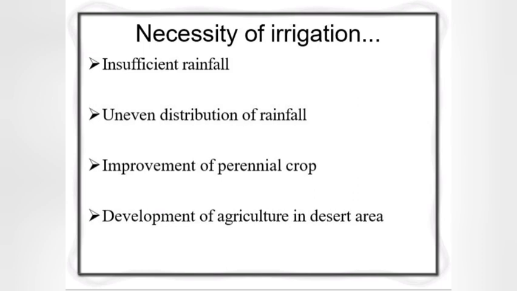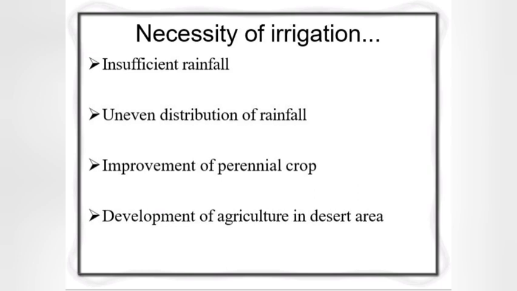And also, when we need to use the water in a regulated manner, say we need some water supply in a particular manner, then definitely we need to use an irrigation system.